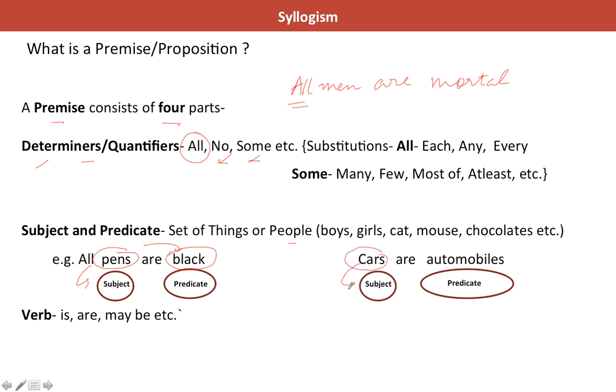So cars is the subject here, and automobiles tells me about cars, that a car is a type of automobile. So automobiles is the predicate. Now, the verb is is, are, may. Like here I have are, in all men are mortal. So these are the verbs. So the four things are: we have a quantifier, a subject, a predicate, and a verb. Let's move to the next slide.